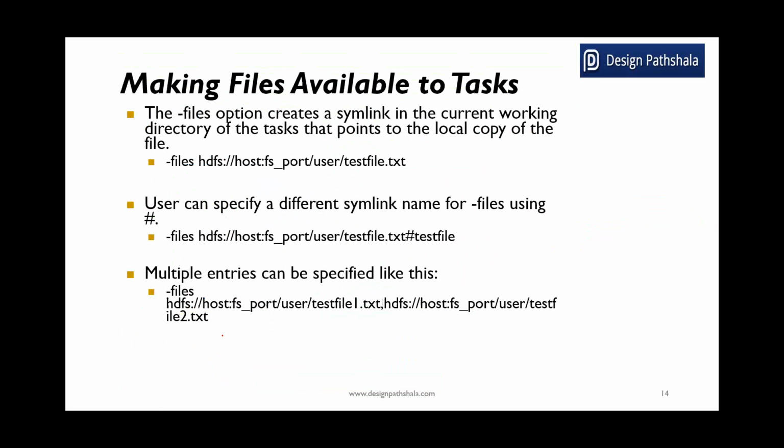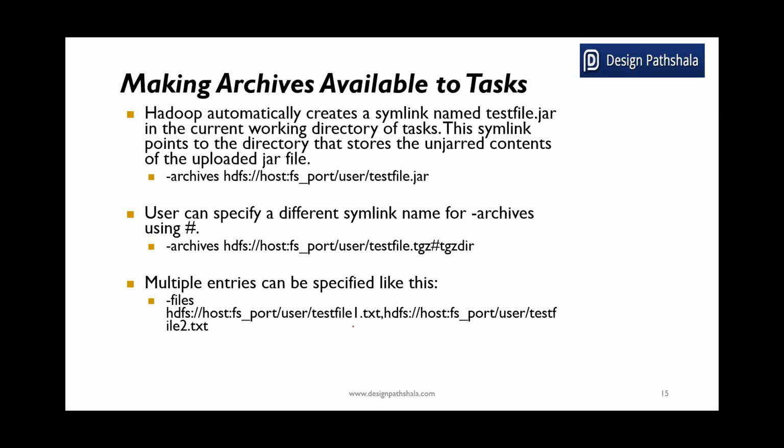This is how I can pass my files or my jar files which are required to run my program, so that they are available locally on your data nodes to do the processing. So for that I have to give an option called -file or -archive. So if these things are used in your program, those are available on your local data nodes.